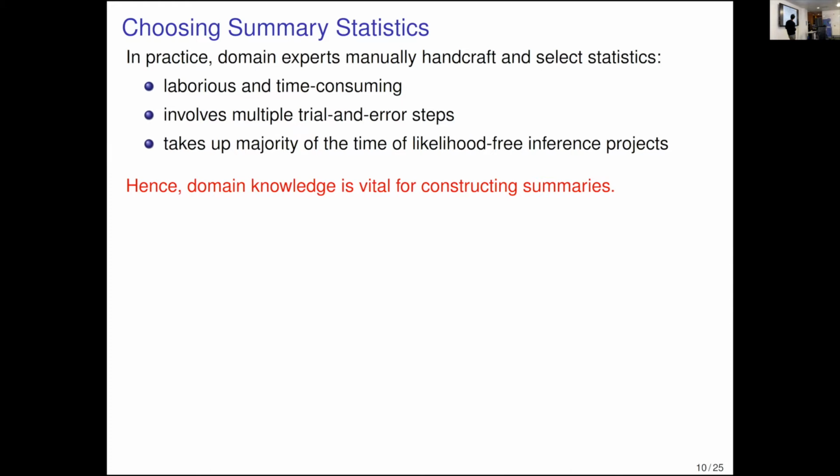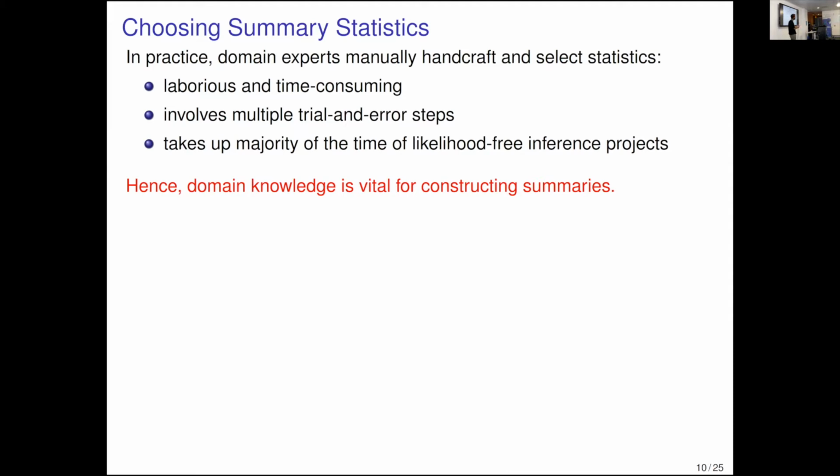So choosing summary statistics. What happens in practice, which is what I did for my radio communications work, is that you need to handcraft these statistics manually. Because depending upon the field, the model, the data, some statistics might mean something, and you know that this parameter affects this thing.